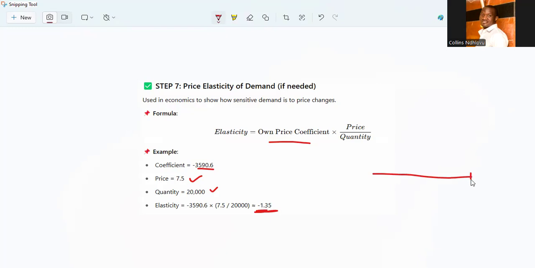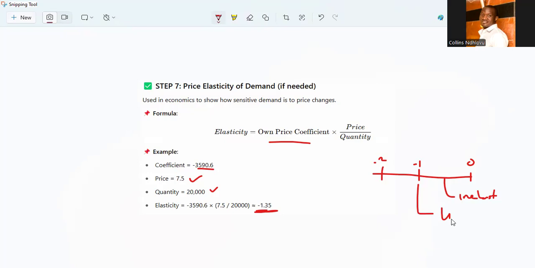So elasticity of demand ranges, okay? We have 0, we have -1, we have -2. Any numbers between 0 and 1, price elasticity is inelastic. What does it mean to be inelastic? Being insensitive. You can increase prices without affecting your demand so much. At 1, it is unit elastic.